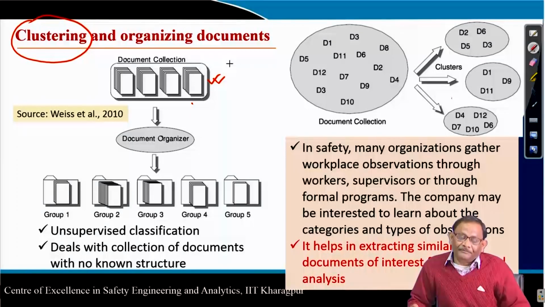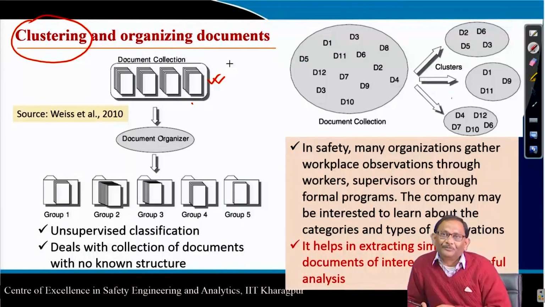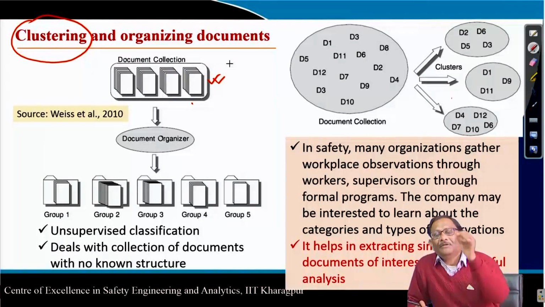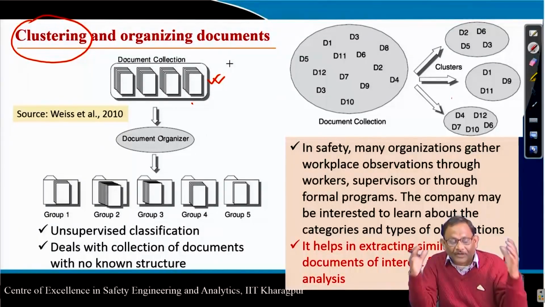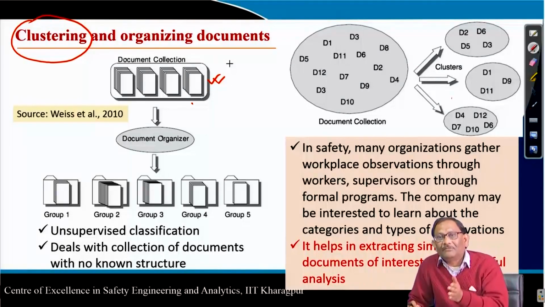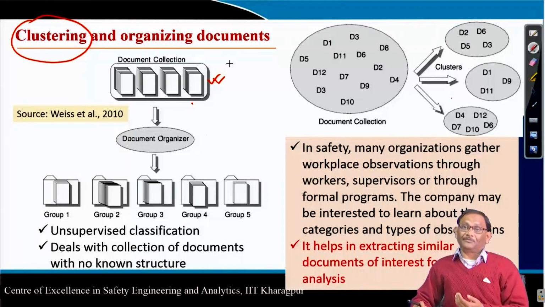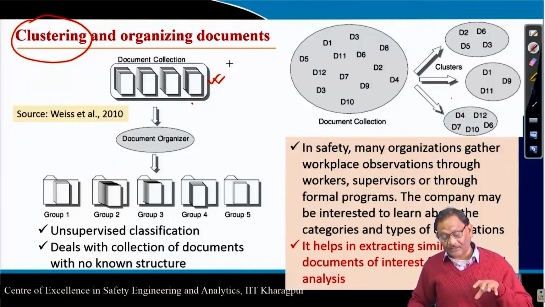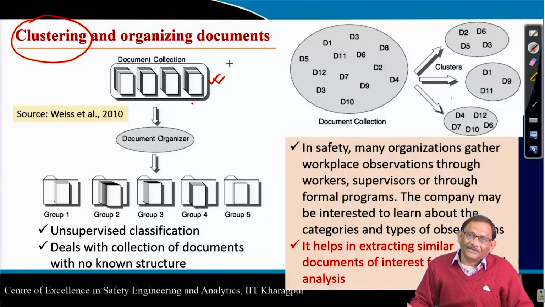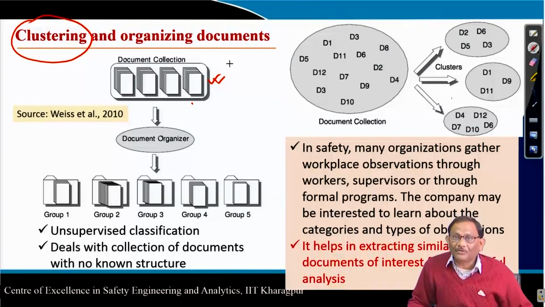If you know beforehand the name of the group, then you can very easily put them there. But if you don't know, based on the contents of the document, which group it will come under, for example whether it is an audit report, inspection report, investigation report, whether the particular inspection is talking about a high risk plant, a medium risk plant, or a low risk plant, the document can be grouped in different ways.